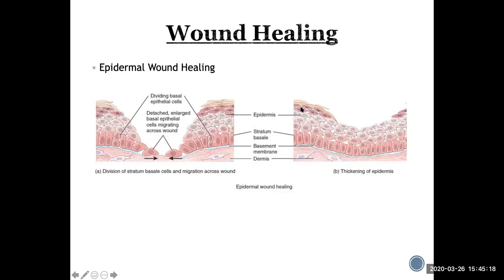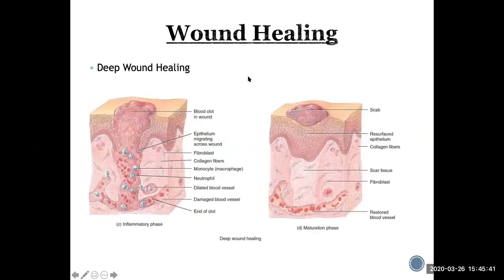The other layers of the epidermis are superficial to that, and the dermis is deep to the epidermis. So these cells migrate in, and then they produce cells to fill in the gap, to re-thicken that epidermis. So that's if you only scratch your epidermis. You didn't get deep enough to get to the dermis.